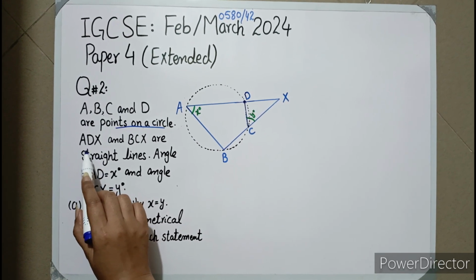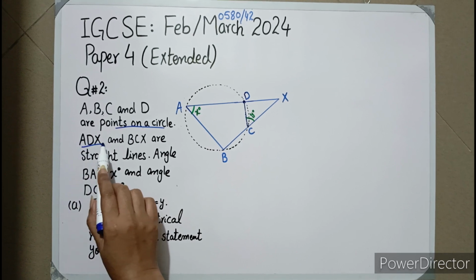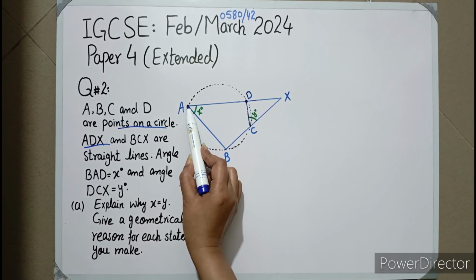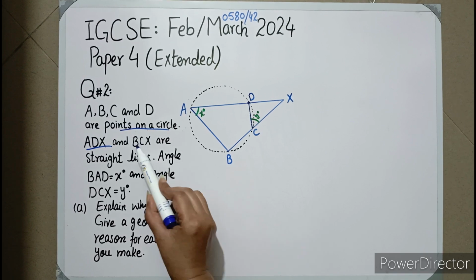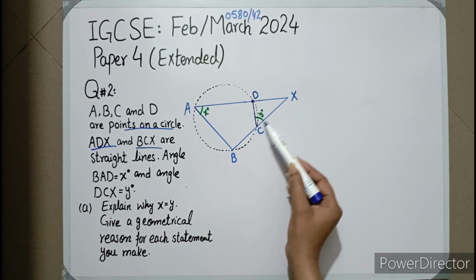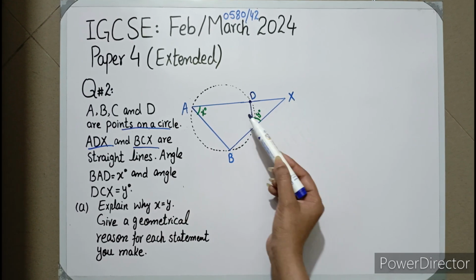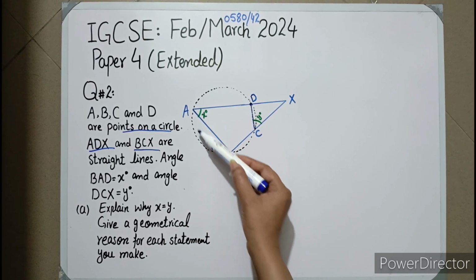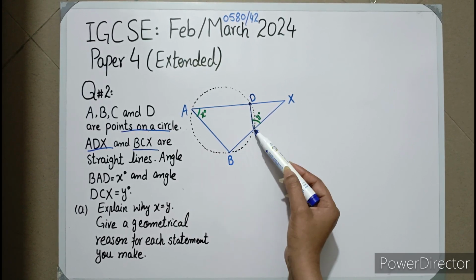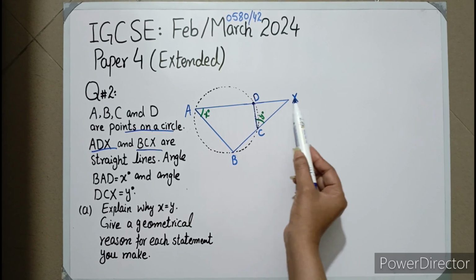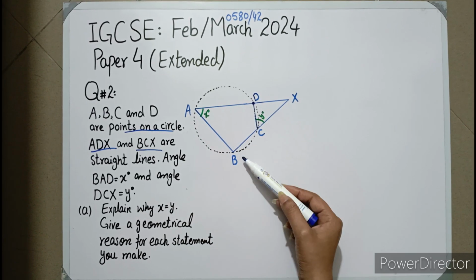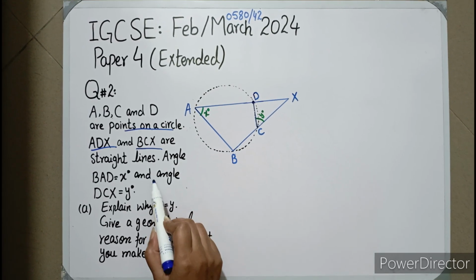Next thing which he has given us: ADX, that is A, D and X, is a straight line. BCX is also a straight line. It means he has given you one circle with 4 points that make a cyclic quadrilateral and 2 straight lines, ADX and BCX.